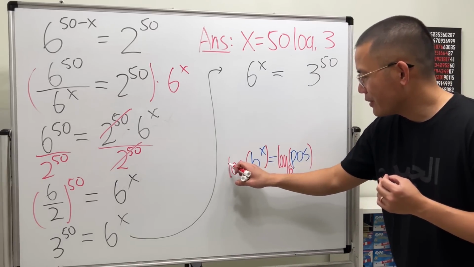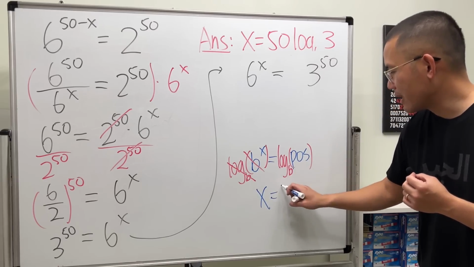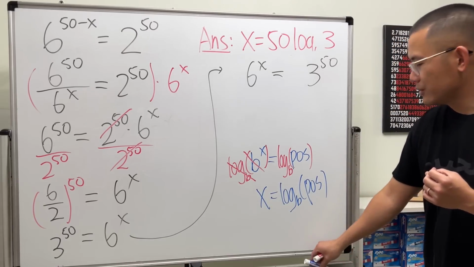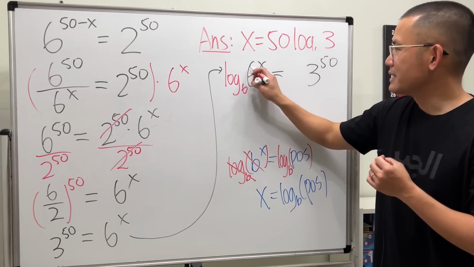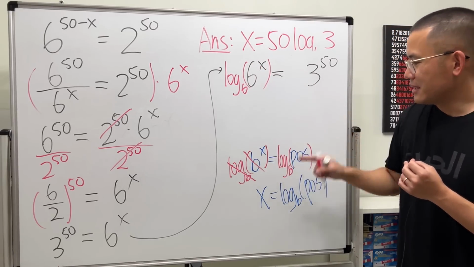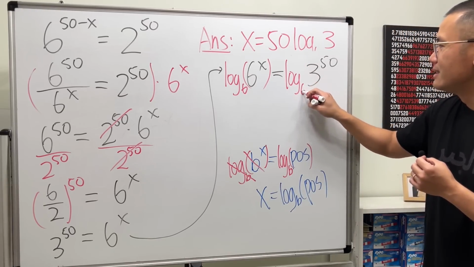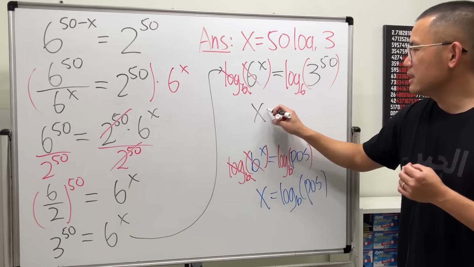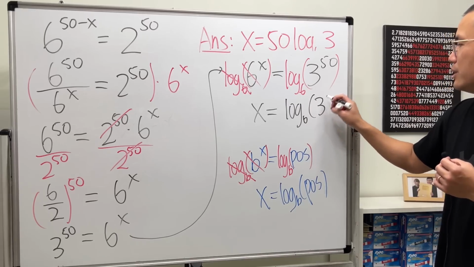So right here, this and that will cancel, and you will just end up with x equals whatever that is, log base b of the positive number. So that's what we will do right here. We will take log base 6. This is my 6, this is b. Anyways, take this to both sides, and now you see this and that will cancel, and we just get x equals this thing, right? Log base 6 of 3 to the 50th power.